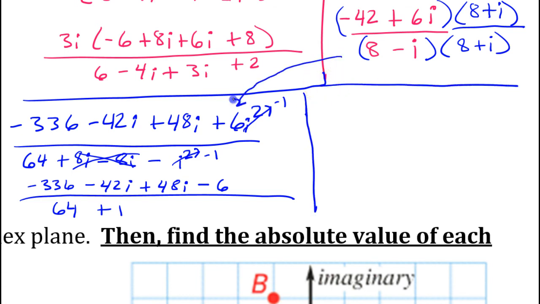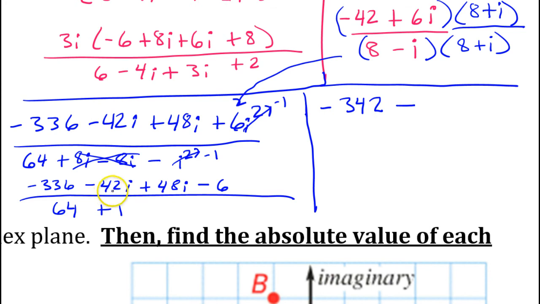Okay, so this came over here, I ran out of space. So combining like terms, I have negative 336 minus 6. That's going to be negative 342.